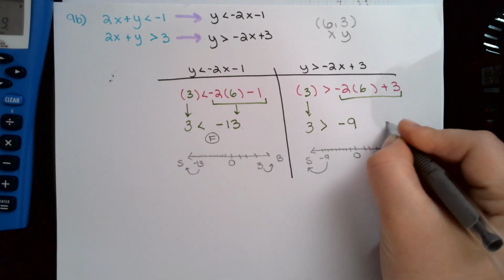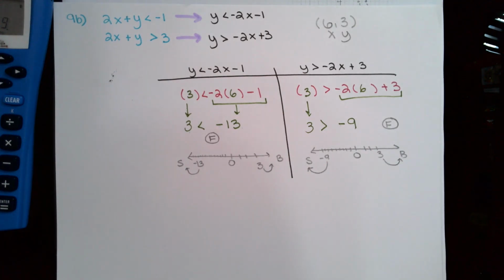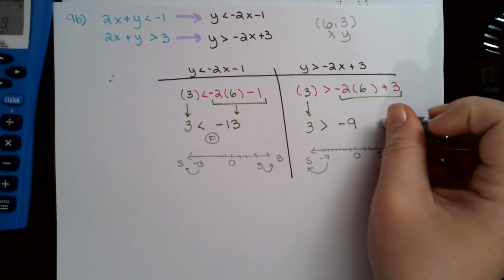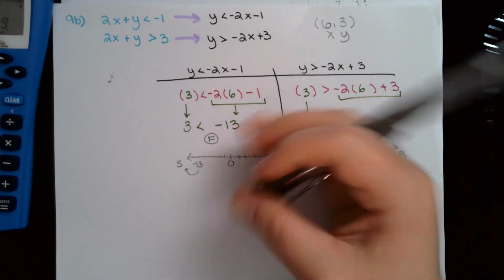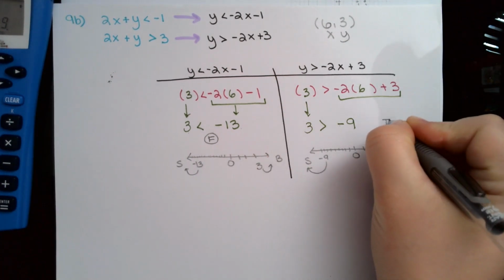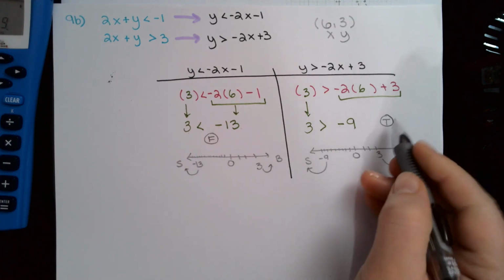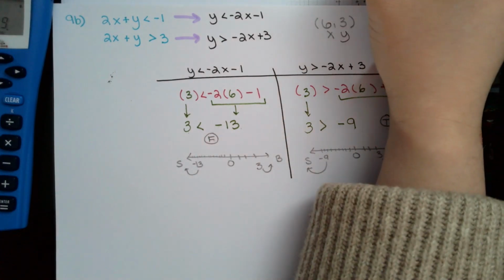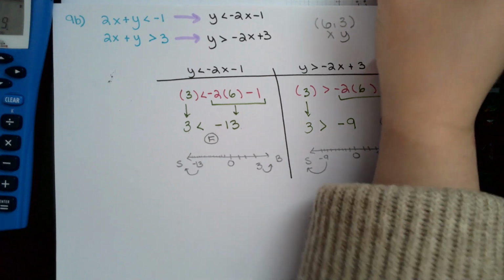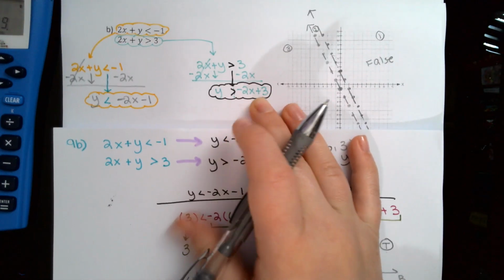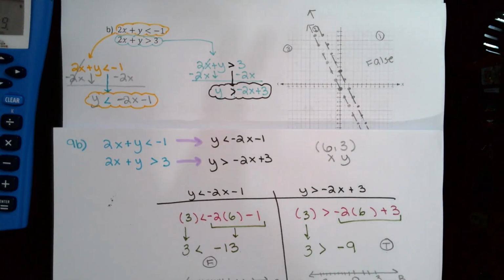So that means this is, oh, just kidding, this is true. Okay, moving on. This is true, false. So this section here is false. What we're looking for is a true, true. If we can get a true, true, then we are good.